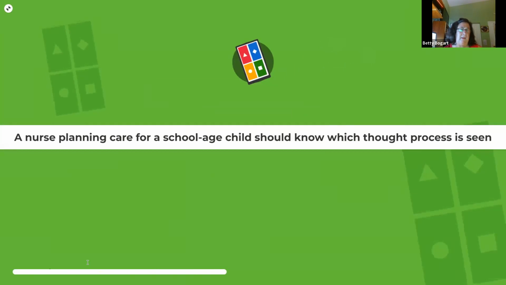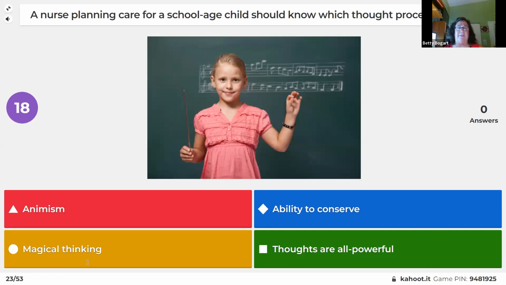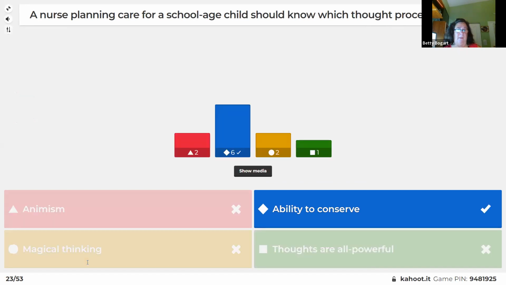A nurse planning care for a school-age child should know which thought process is seen. School-age children, how do they think? So remember we talked about the ability to conserve, okay?